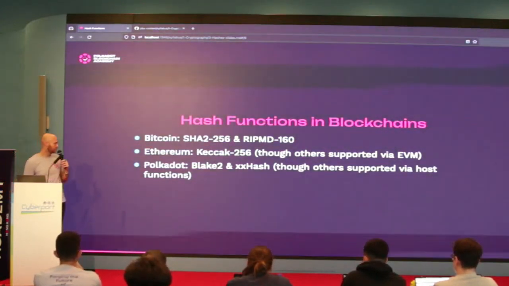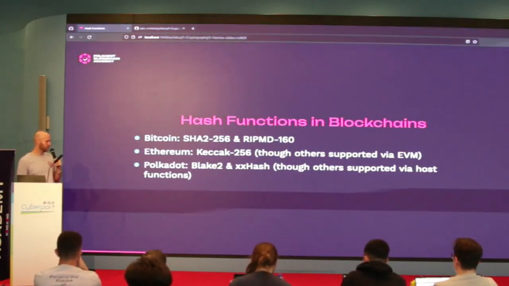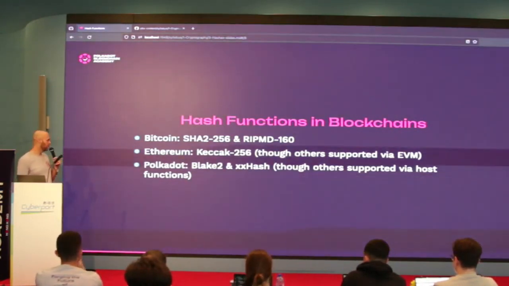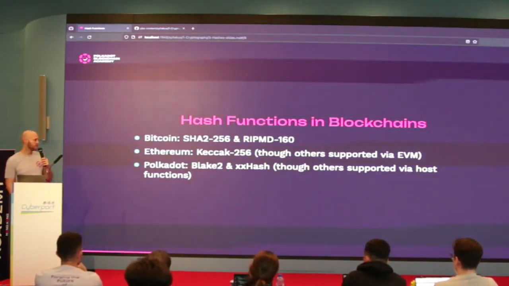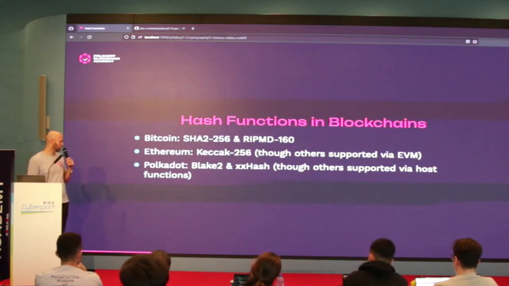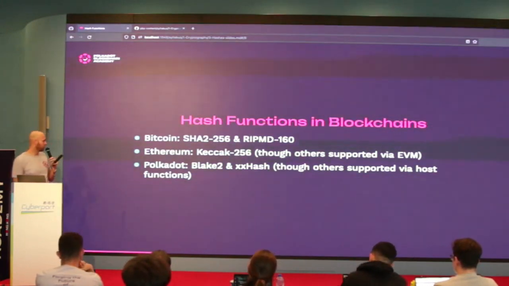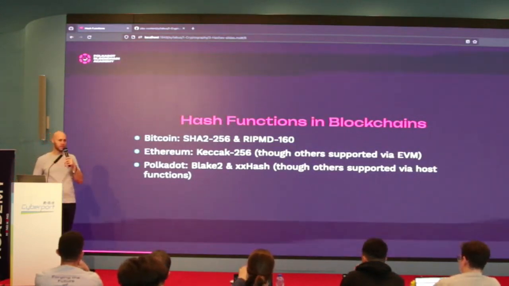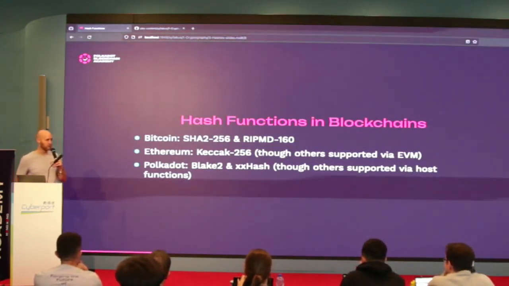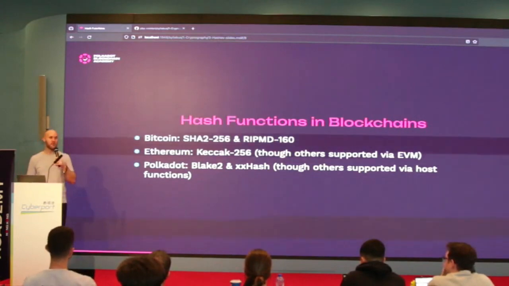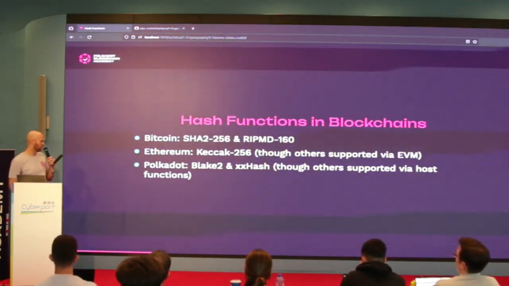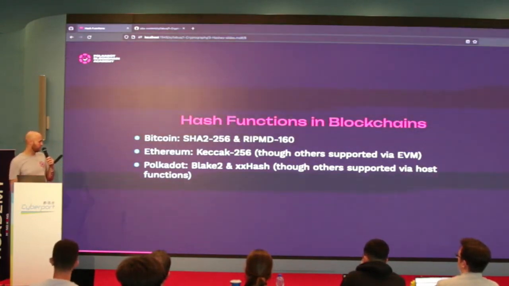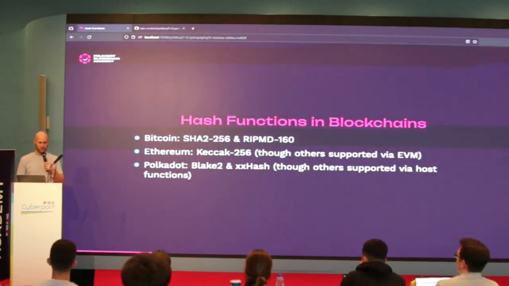Again, we use Blake2 and XXHash, depending on whether we want cryptographic or not, in Polkadot and Substrate. We support many other ones through what we call host calls, which we will talk about later in Substrate. You will use them if you're on the dev track. So, different kinds of hashing algorithms with different uses.